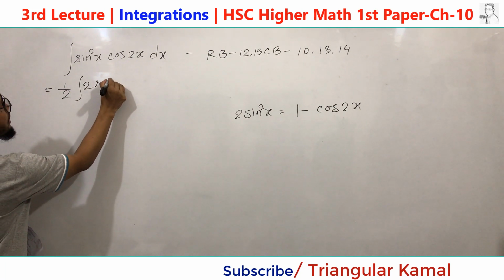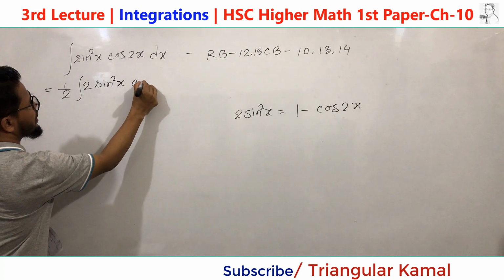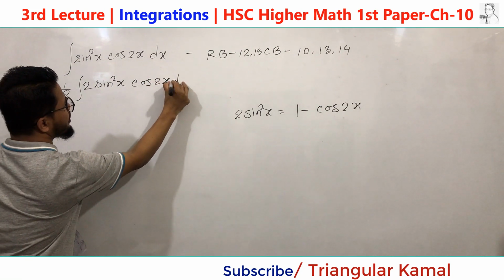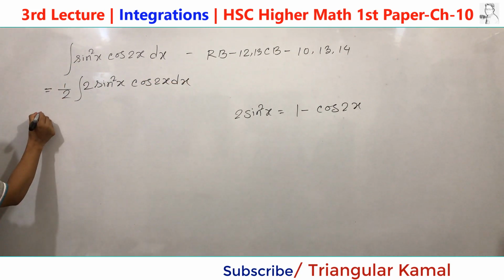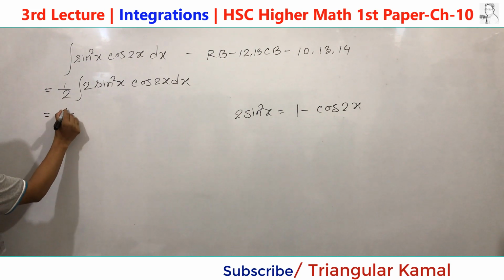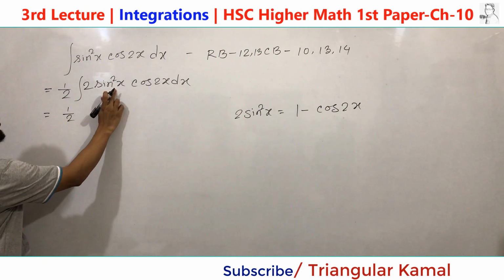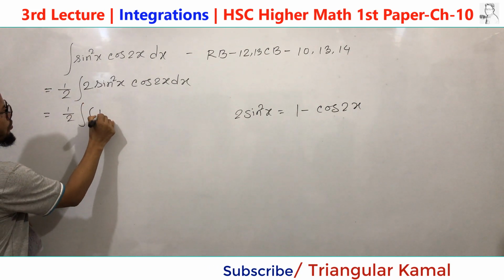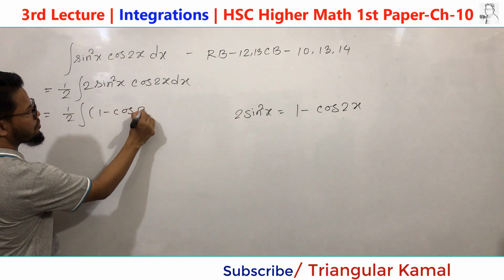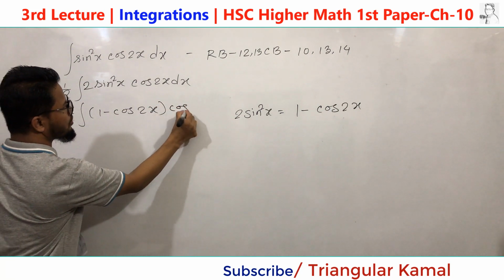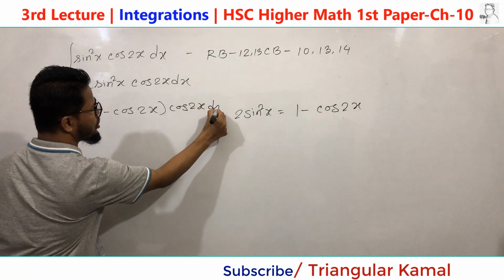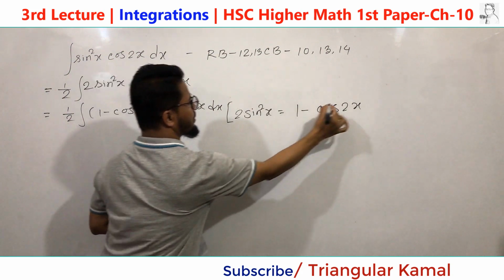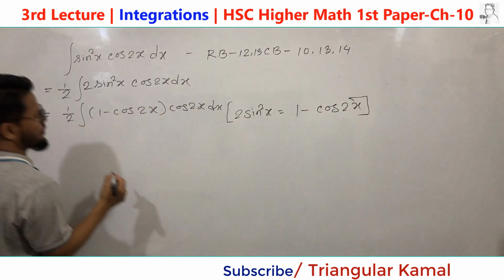This is the sin square x multiplied with cos twice of x dx. Now apply the formula here: 2 sin square equals 1 minus cos twice x, so integration of 1 minus cos of twice x multiplied by cos of twice x dx. This is the basic formula we applied here.